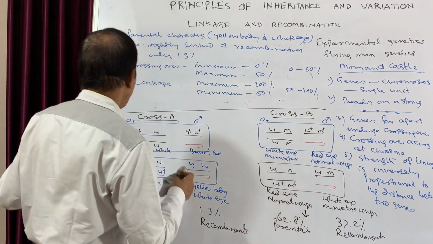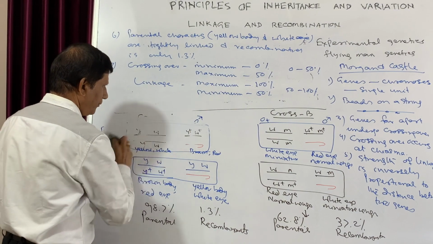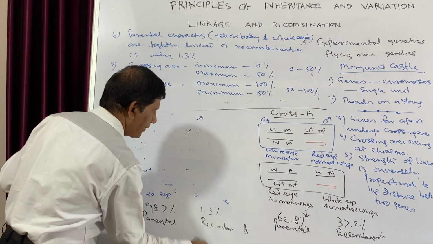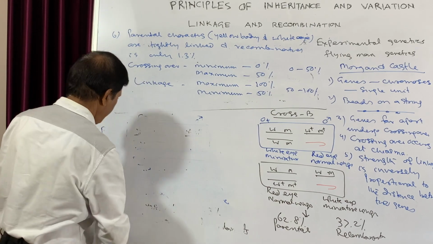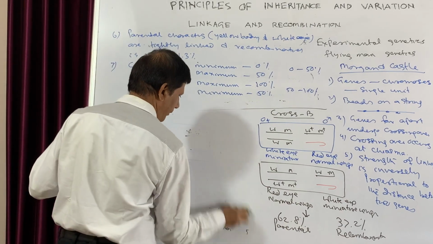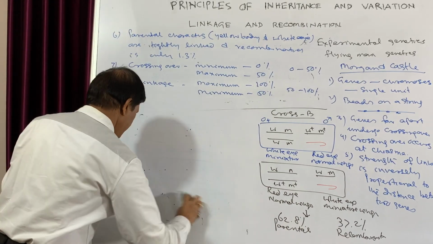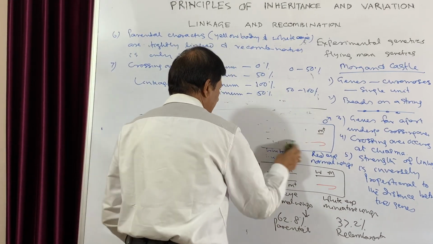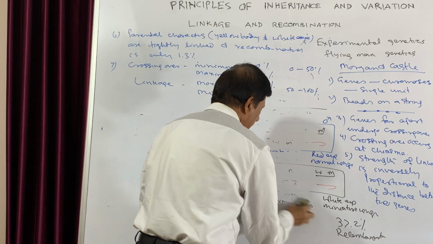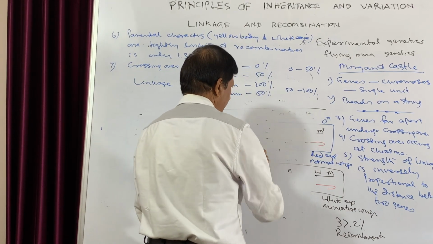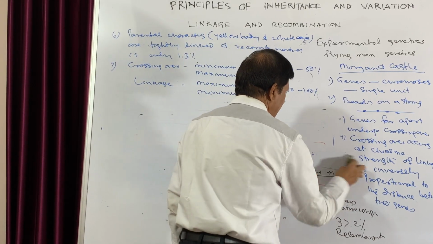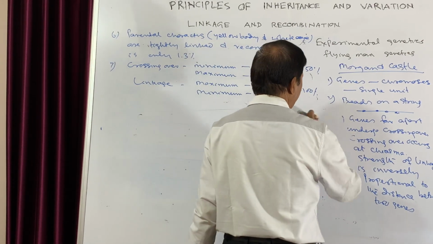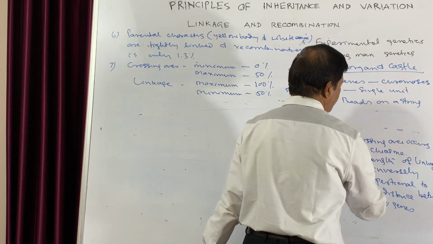Let us take an example. Suppose in case of Mucor, a fungus, the haploid set of chromosomes is only 2. That means the linkage groups will be only 2.